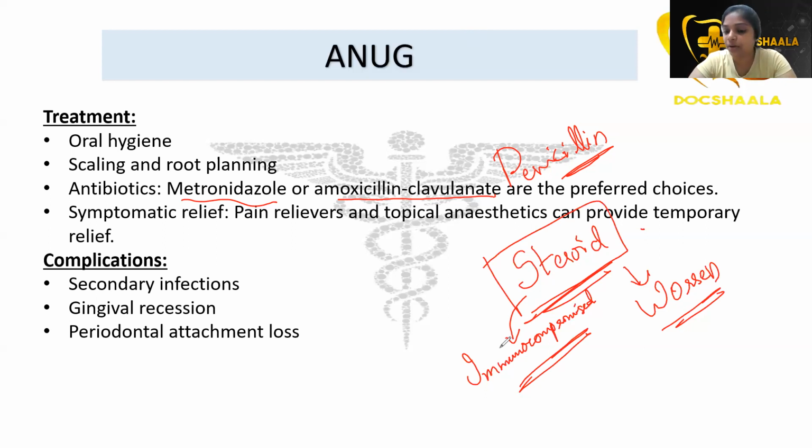Okay, because of the already compromised immune system, the steroids do not work here and they worsen the case. So this is a very important point which you have to make note of. And the complications include secondary infections, gingival recession, and periodontal attachment loss.